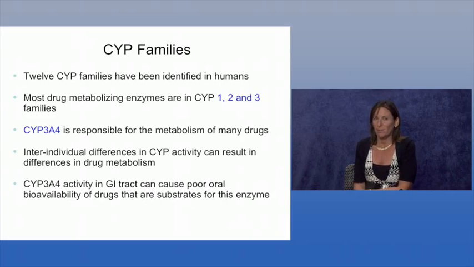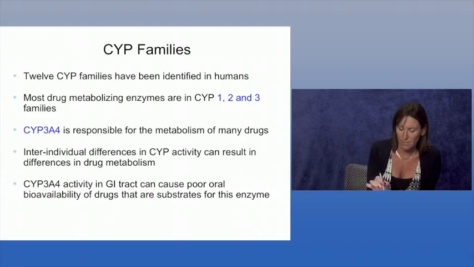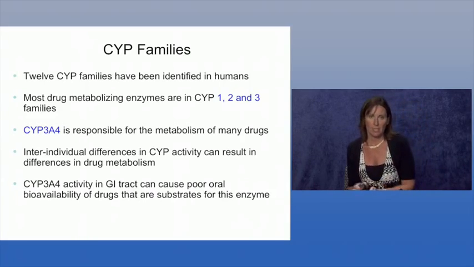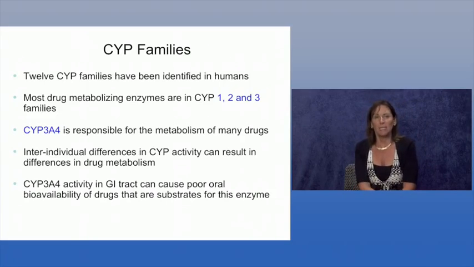From the perspective of drug metabolism, most of the enzymes fall into the 1, 2, and 3 families. And the big player, the one that we've spent a lot of time paying attention to, is CYP3A4. I would strongly recommend that you learn about this particular enzyme because it is considered to be responsible for the metabolism of many drugs. I'll take a sidestep here and just share with you that it is not uncommon for us as providers or prescribers not to know the metabolic pathway of some of the drugs we use in medicine today.